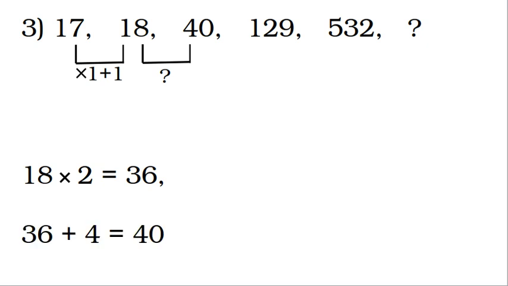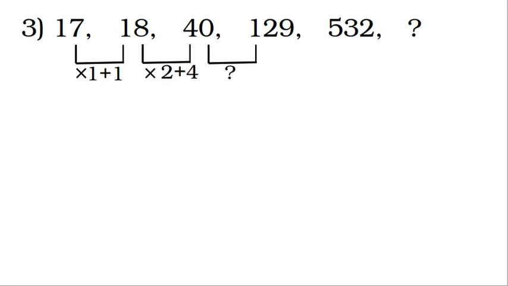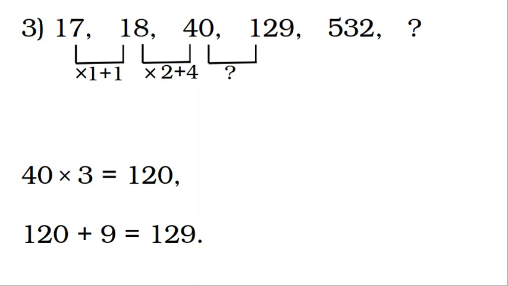Can we relate 40 and 129 in the same way? 40 into some number should give you a number close to 129. 40 times 3 is 120. 120 plus 9 is 129.